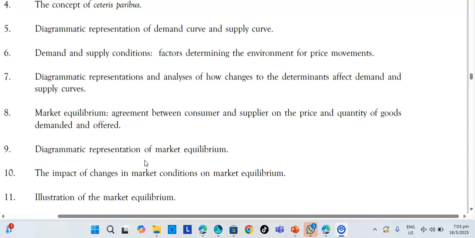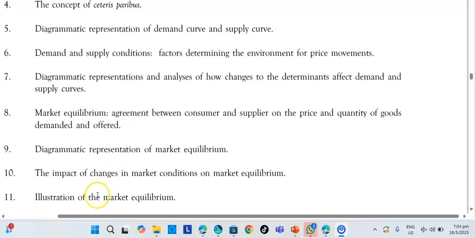However, this balance can change when market conditions change, that is, when factors affecting demand or supply shift. Changes in market conditions can cause either the demand curve or the supply curve to shift. This leads to a new equilibrium price and quantity.